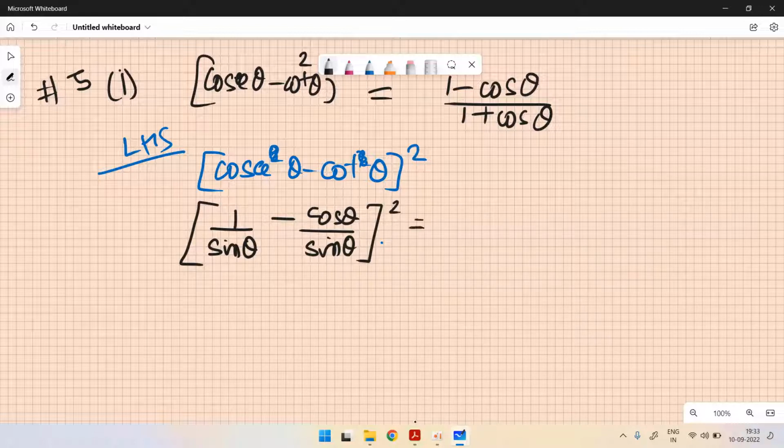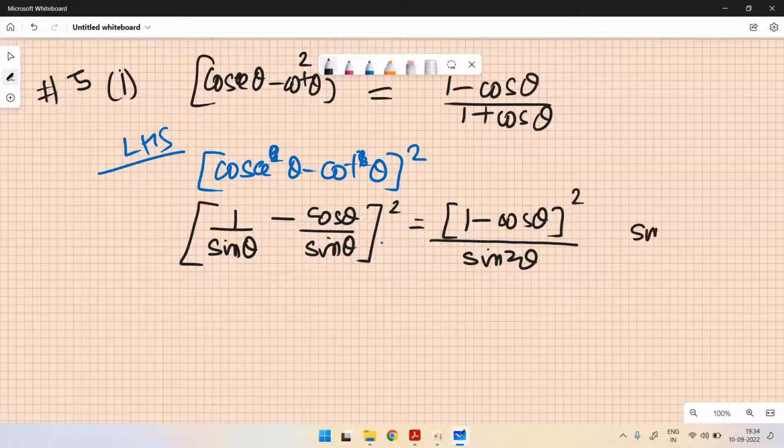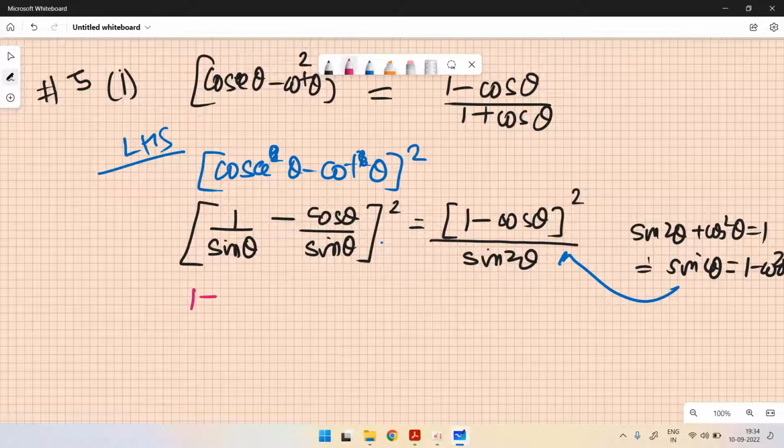So the square. So this is 1 minus cos theta whole square by sin square theta. You know that sin square theta plus cos square theta equals 1, so sin square theta equals 1 minus cos square theta. Substituting this value, my expression turns out to be 1 minus cos theta whole square by 1 minus cos square theta.